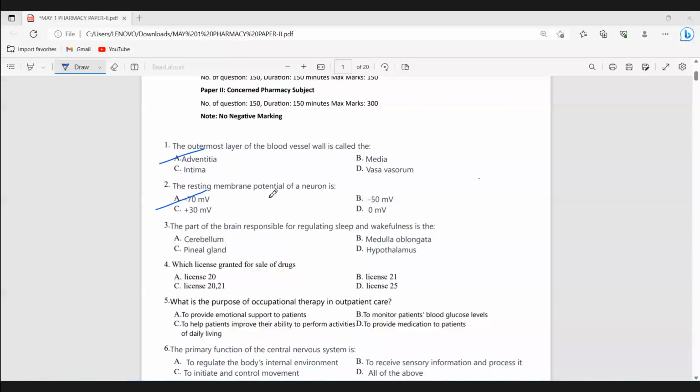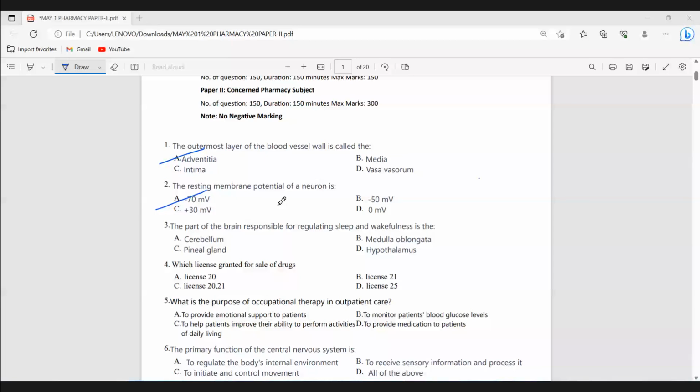Plus 30 millivolts is the peak membrane potential during the depolarization phase of an action potential.